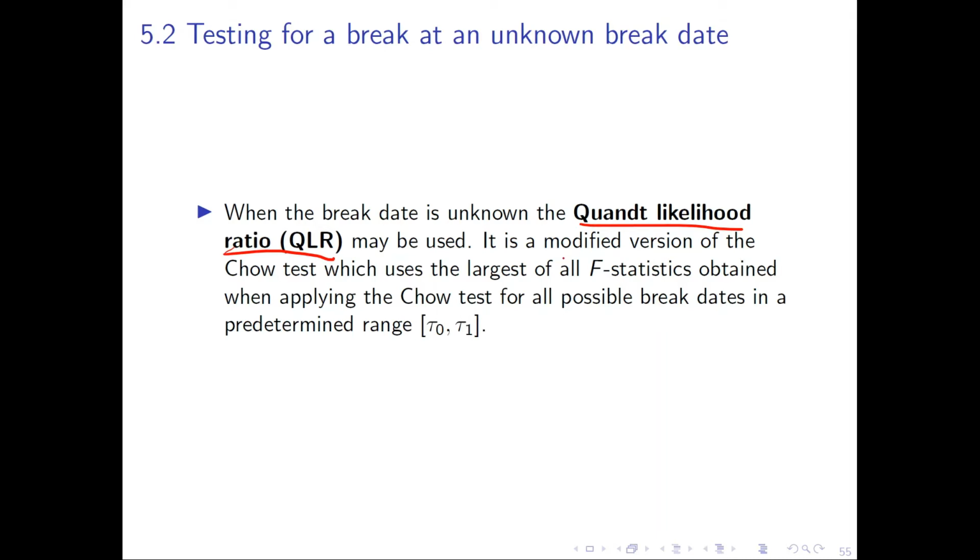It's not a modified version of the Chow test, but it's just to run the Chow test for all possible break dates in a certain range. So for each of the dates within tau 0 and tau 1, you test the hypothesis of a break with the F-test, and you record the size of the F-test, and you choose the largest one.